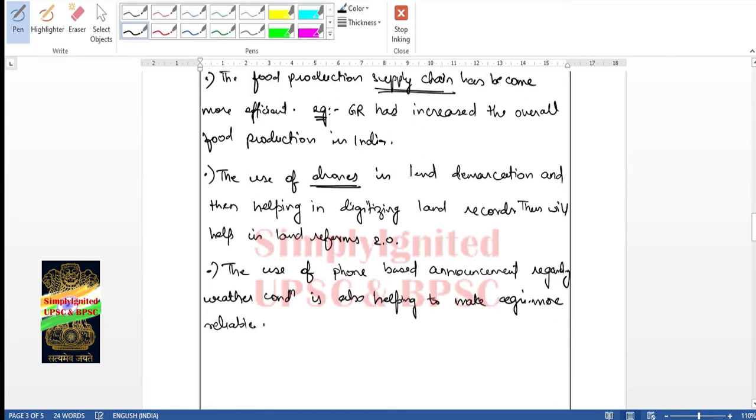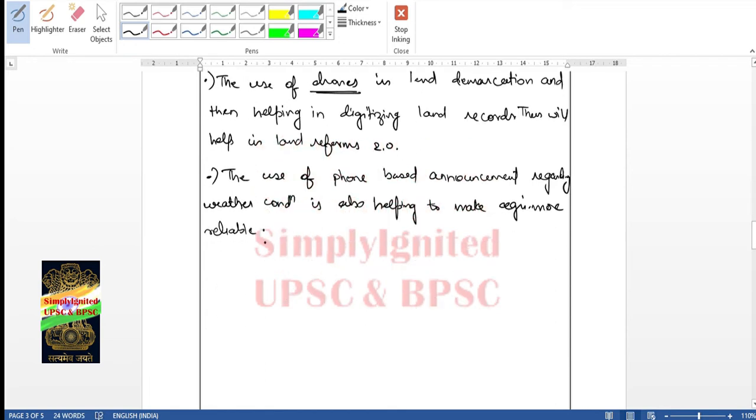Okay, this is the third point. Also helping the allied sectors like fisheries.